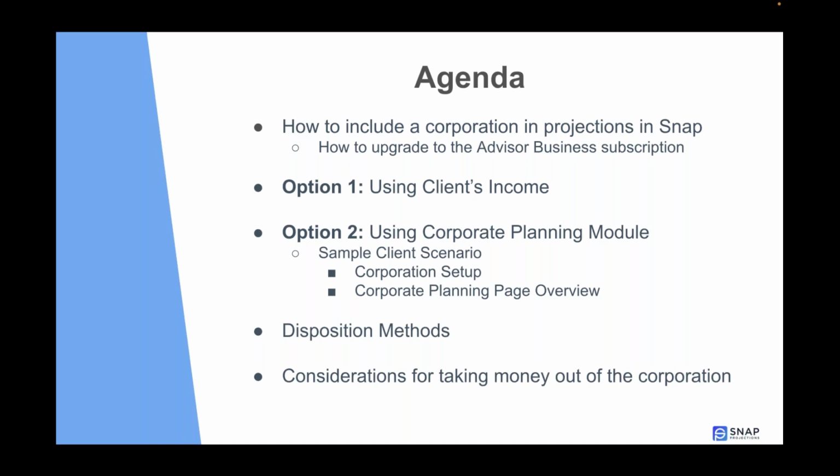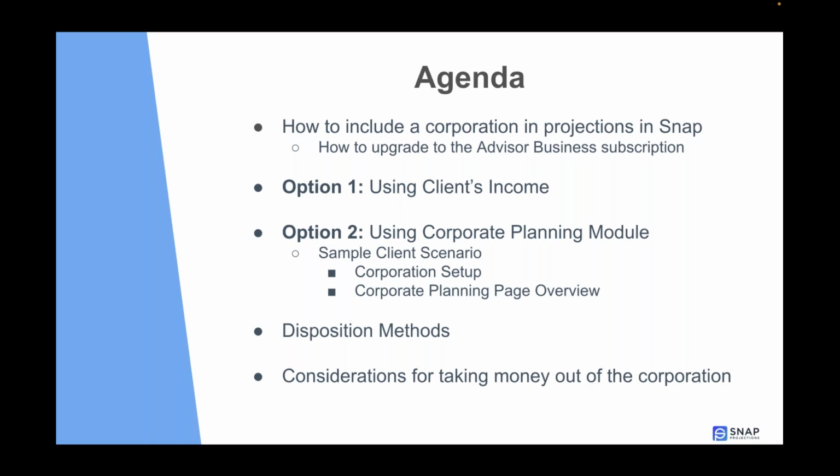Because we fairly often hear this question: can Snap tell me what is the best way to get money out of the corporation? I can tell you that Snap can help you identify different optimal ways, but it will not implement this for you automatically. Well, at least not right now. However, there are some general guidelines that we can share with you.